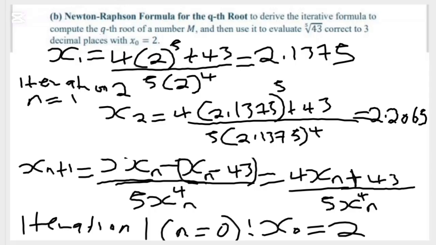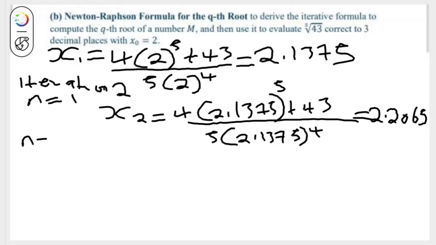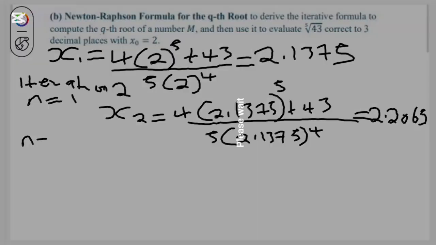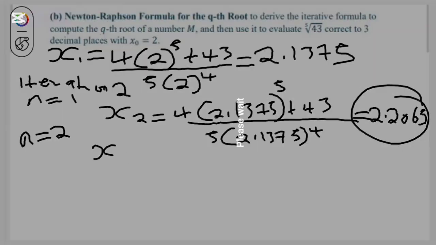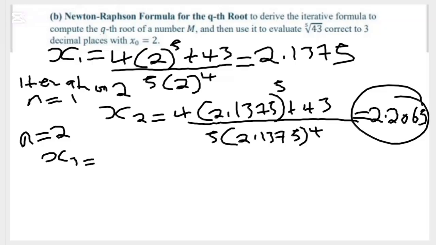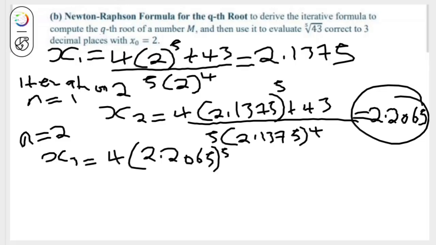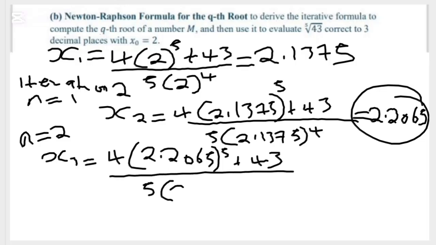So I am moving to iteration 3. Moving to the third iteration, n is equal to 2, and our x2 is this. So it will now become x3. Let me say x3 is the same thing as 4 multiplied by 2.2065 raised to the power of 5, plus 43, divided by 5 multiplied by 2.2065 raised to the power of 4.